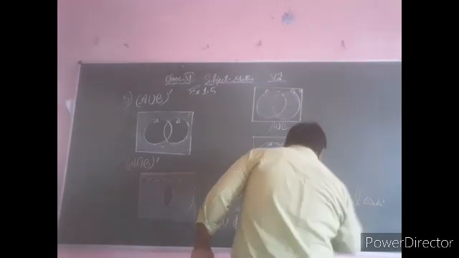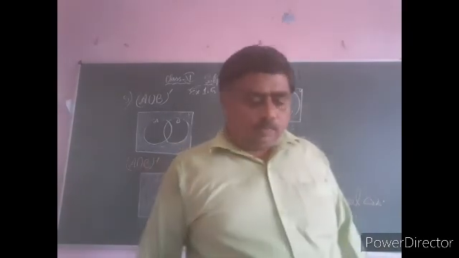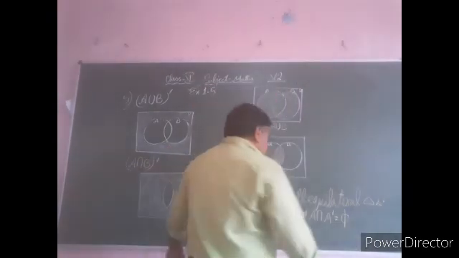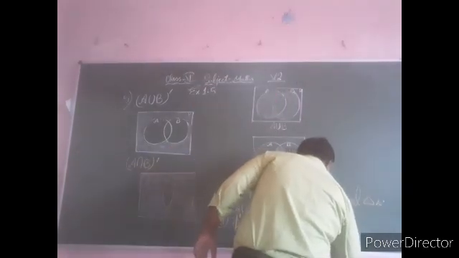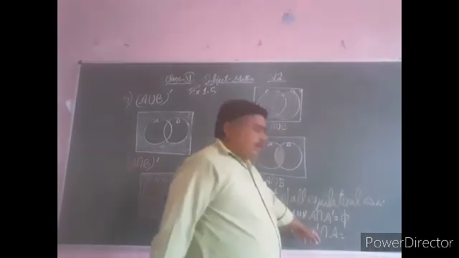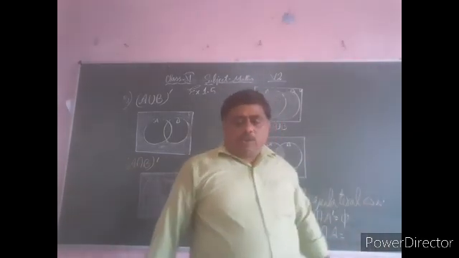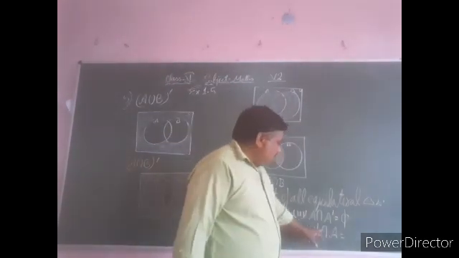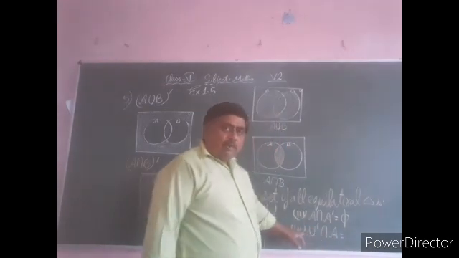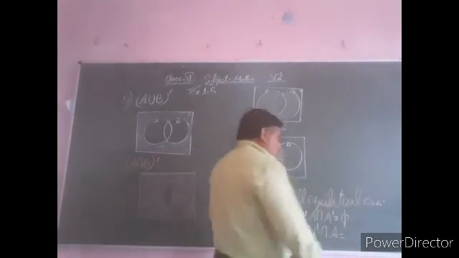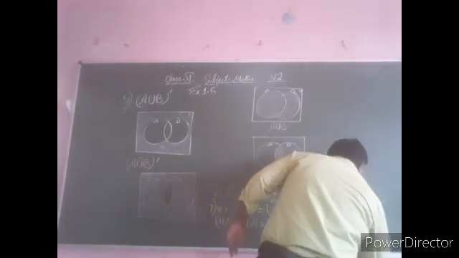And fourth one, U complement intersection A. U complement is phi, so phi intersection A is equal to phi.